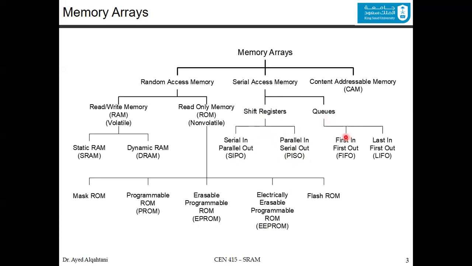For the queues, we have the FIFO and LIFO, the FIFO being the first in first out, or usually we call this the queue. It has 2 operations, the enqueue and the dequeue. And this one, you usually call it the LIFO, the last in first out. This is the stack, and usually we do the push and pop operations.